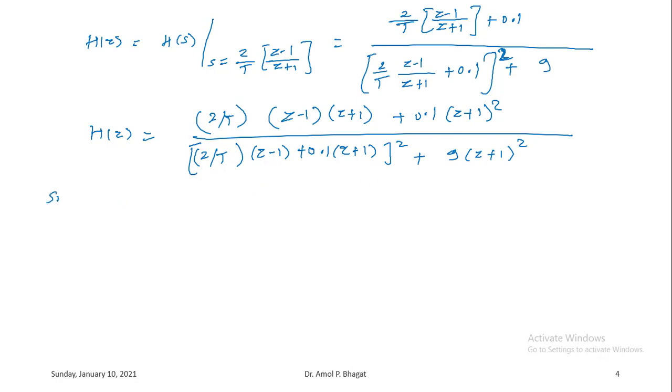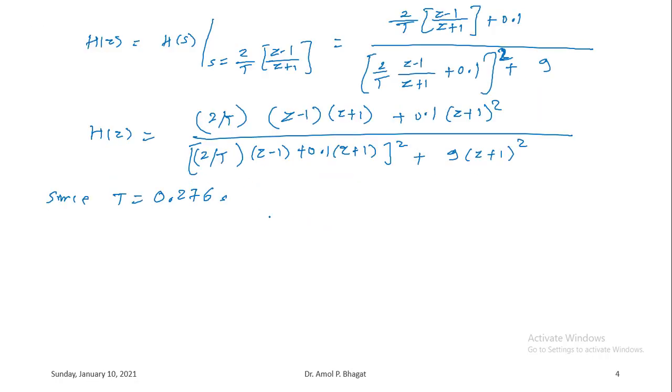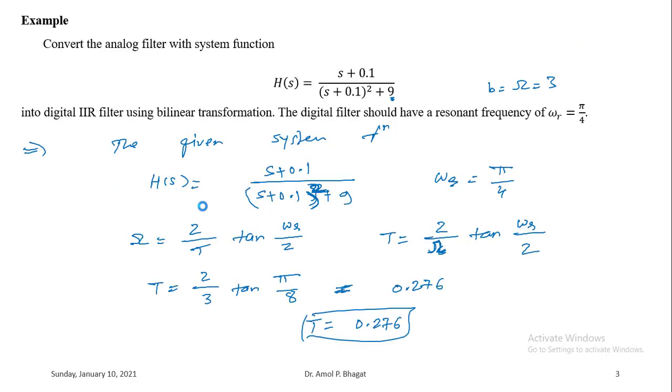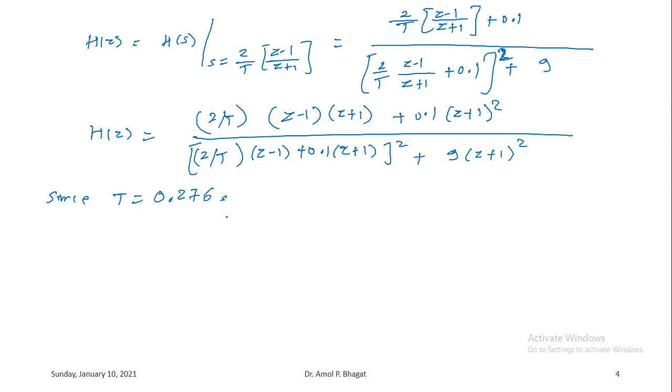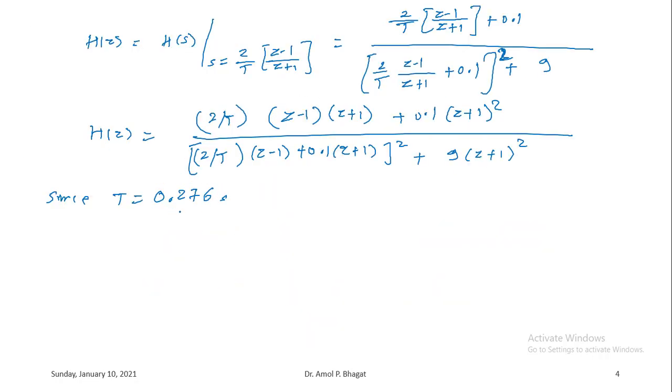Now since capital T we identified as 0.276 seconds. If nothing is given in the example, then you can assume capital T equals 1 second. But here the resonant frequency was given, and we identified Omega from the equation, so we can replace capital T with what we identified, that is 0.276.